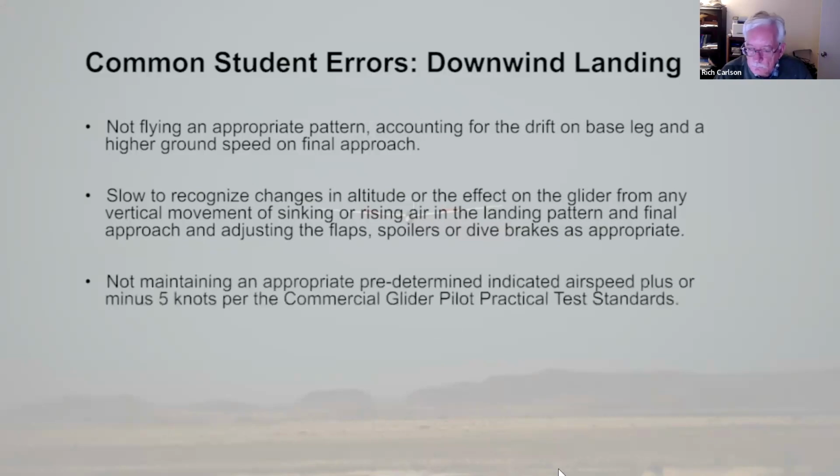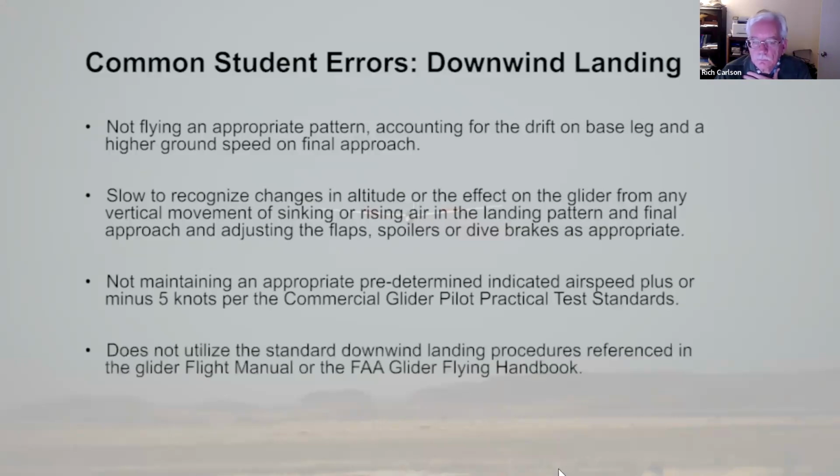Not maintaining an appropriate predetermined indicated airspeed, plus or minus 5 knots, per the commercial glider pilot practical test standards. Does not utilize the standard downwind landing procedures referenced in the glider flight manual or the FAA Glider Flying Handbook.